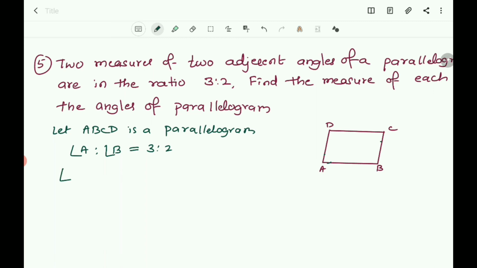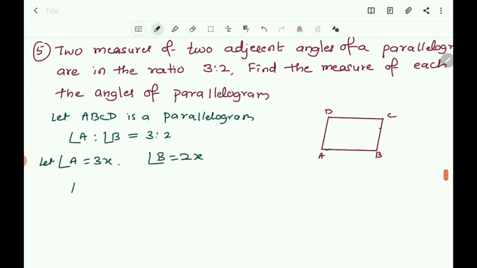So let angle A to angle B be 3:2. As the ratio is 3:2, let angle A equal 3x and angle B equal 2x. A and B are taken as adjacent angles of the parallelogram ABCD.